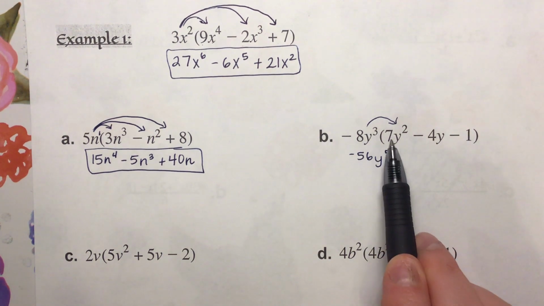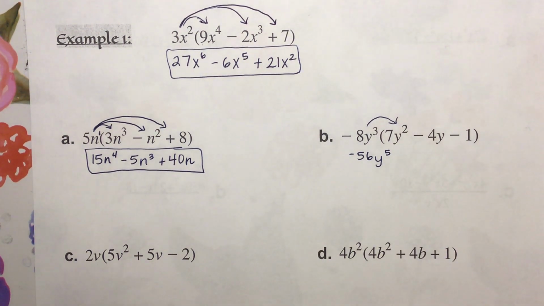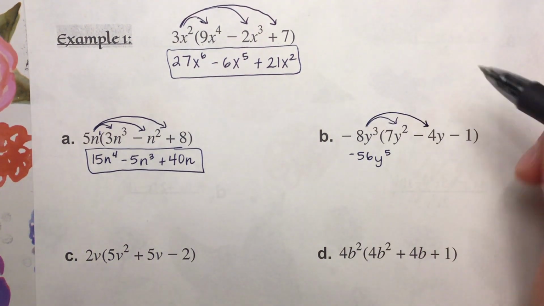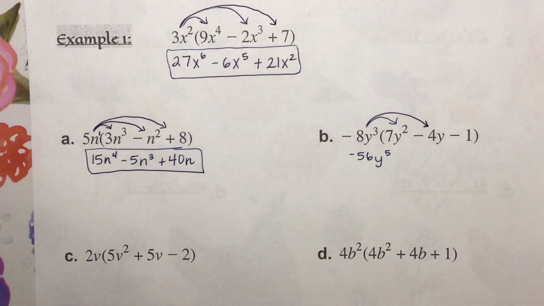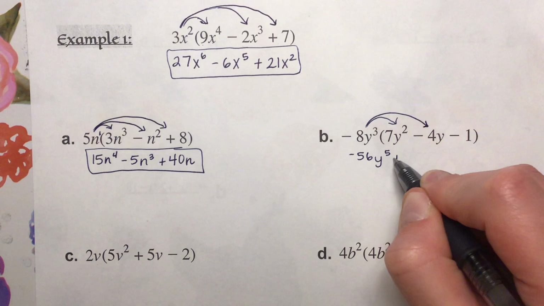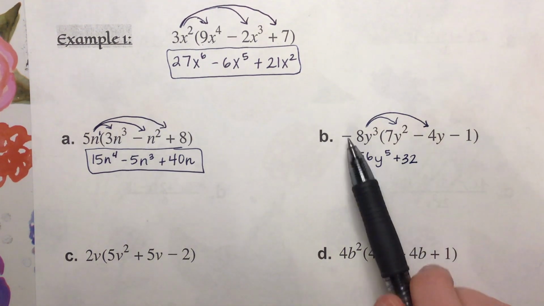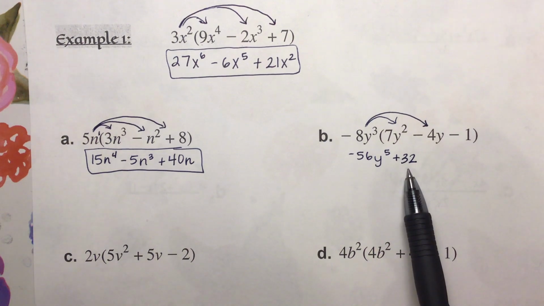When I multiply two terms with a common base that have exponents, I add the exponents. Okay, now I have negative 8 multiplied by negative 4, and that is going to get me positive 32 because a negative times a negative is equal to a positive.